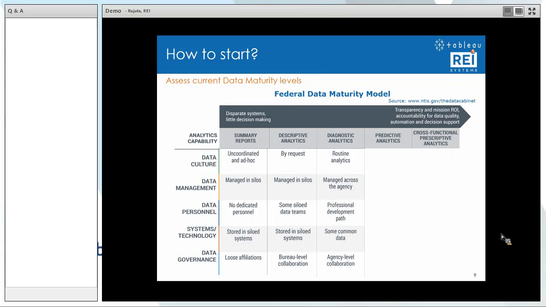Diagnostic capabilities take one more step further to help identify poor performance or operational problems in real time, and they can answer the question, why did it happen? For example, we would be able to identify the factors that led to the poor performance for that grantee, for the program, map those to each grantee over time, and then pinpoint which factors caused the resulting poor performance for one grantee.